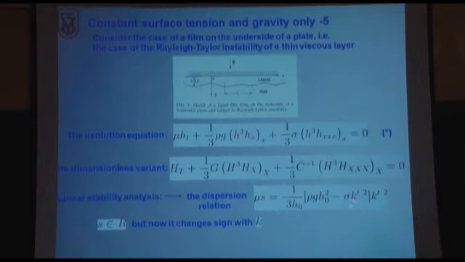If k is sufficiently small, what does this mean? The wave number is sufficiently small, which means the wavelength is sufficiently large. So what would be the sign of the whole thing? It will be positive, because this one will be much less than this one.